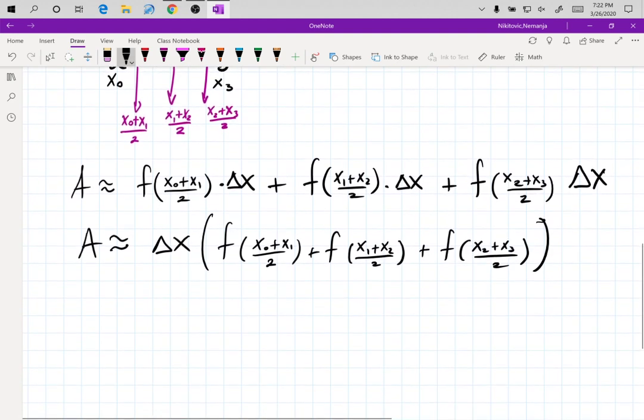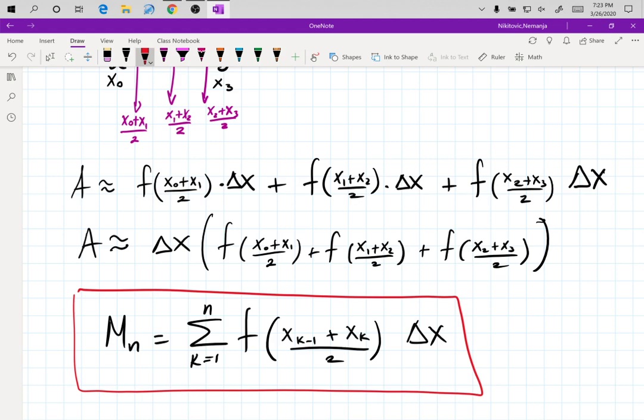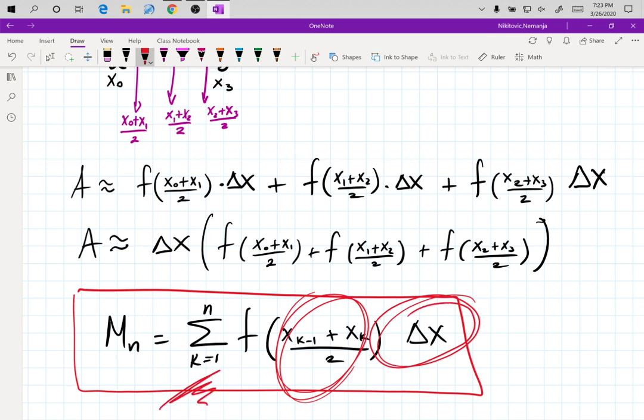Now there is a cute mathematical formula which you can go ahead and tattoo. But you hopefully know how to compute all of these things. So this is the official math formula that tells you that you are calculating the midpoints, you are multiplying that by delta x, and then the summation symbol over here says you are adding however many you have, right?